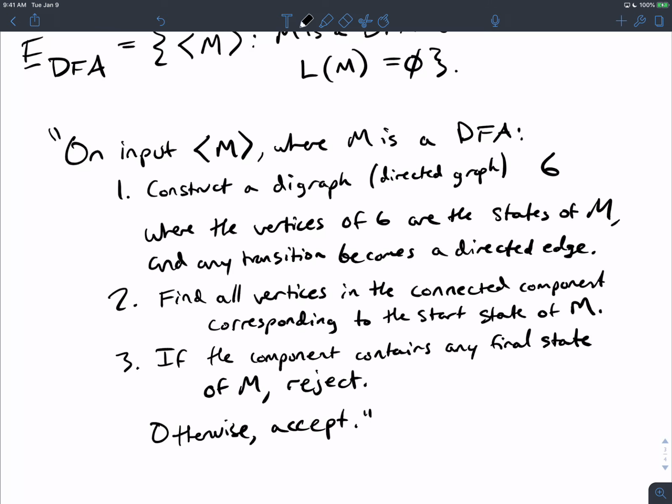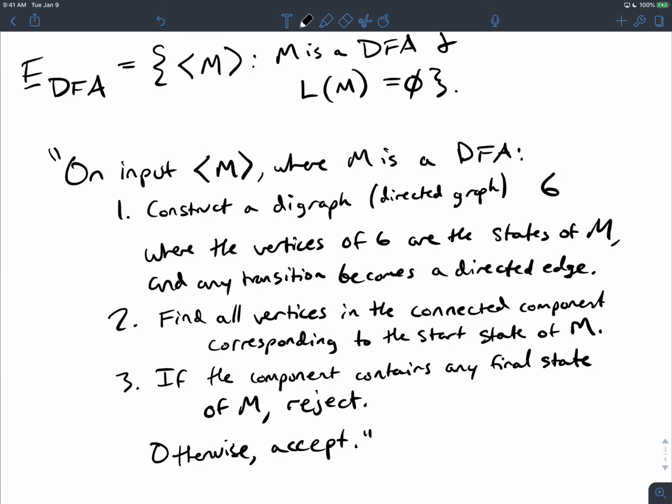Nice. So this is actually a really interesting problem. Whereas the A DFA, A NFA problems are just doing the algorithms we already knew how to do, this is using our graph theory knowledge from 310 to solve a different problem, which is pretty interesting. There's actually a different way you can approach this.